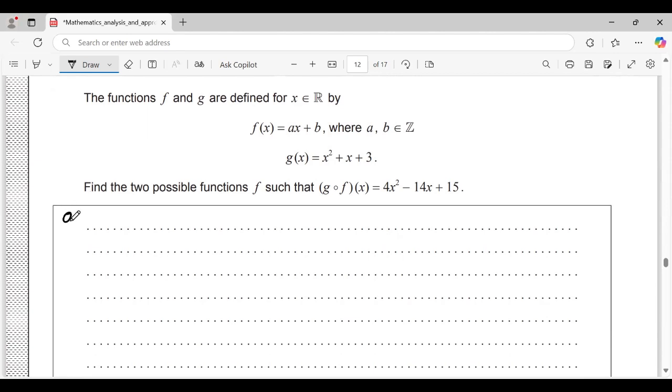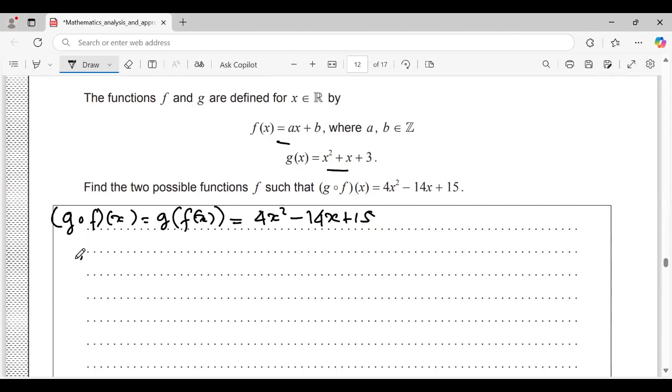The function g of f of x, we can write it like this: g of f of x equals 4x squared minus 14x plus 15. g(x) is this one and f(x) is this one.